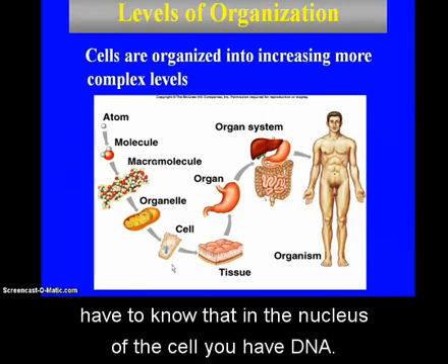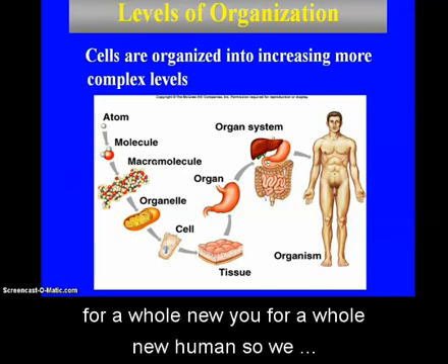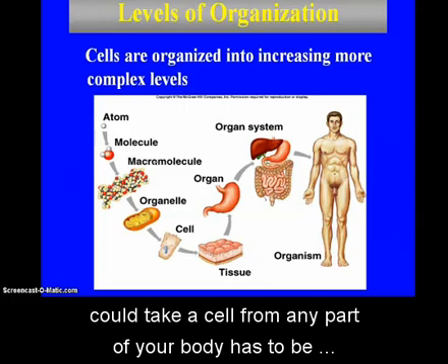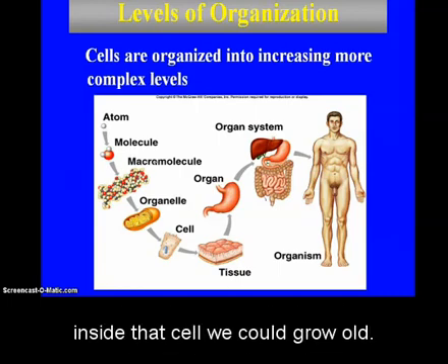First off, you have to know that in the nucleus of a cell you have DNA, and that genetic material contains all the information for a whole new you, for a whole new human. So we could take a cell from any part of your body that has a nucleus, and if we could activate the genetic materials inside that cell, we could grow a whole new you.